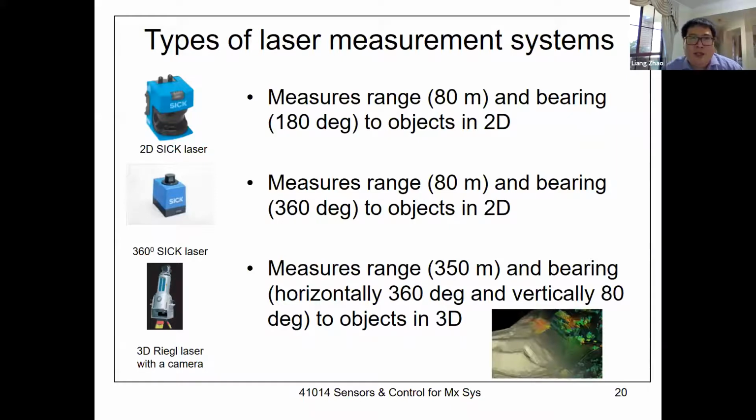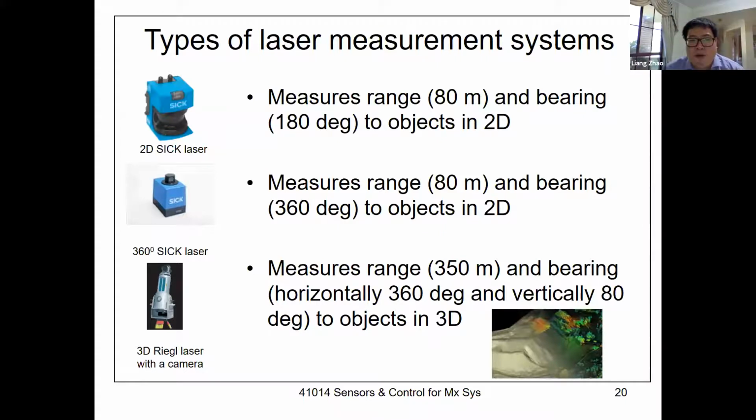All right, so the 2D SICK laser can provide a measurement range of 80 meters with a bearing angle of 180 degrees, and for each 0.5 degree it has a reading, right? There are also 360 degree lasers or laser scanners that can scan 360 degrees.